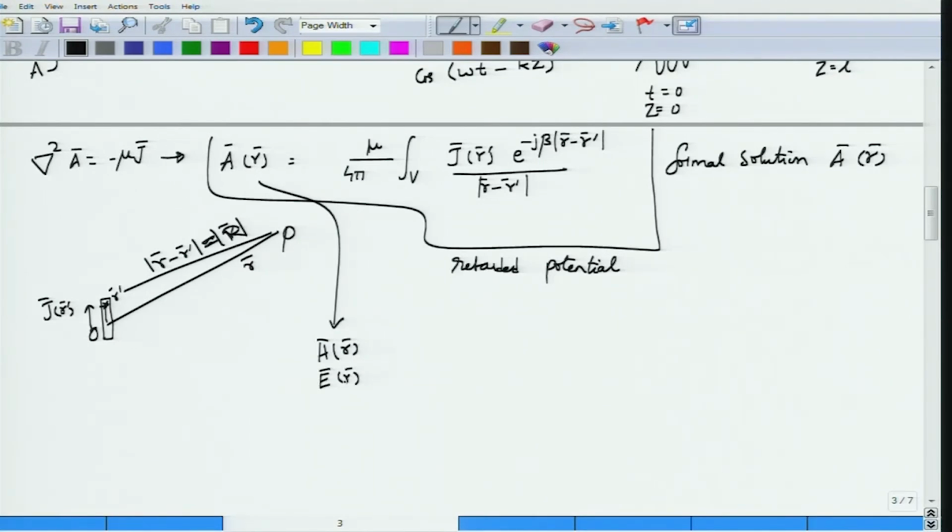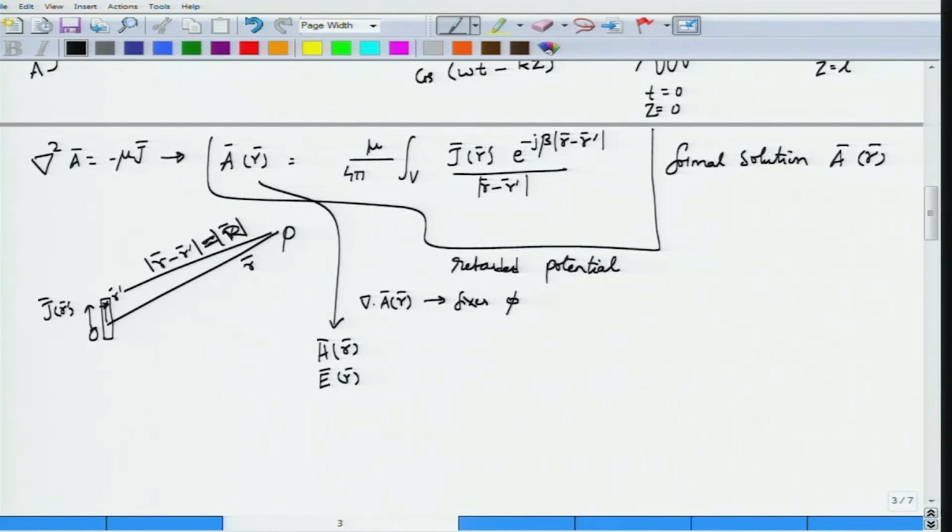Assume that phi of course also has a similar equation, but if there are no free currents then phi can be taken to be 0, and in any case we take phi as not of a consequence because we can fix this phi by writing this del dot A of r condition. So this actually fixes this scalar potential phi.